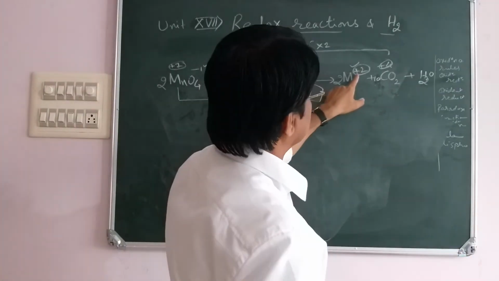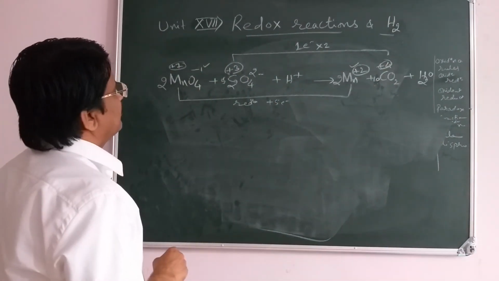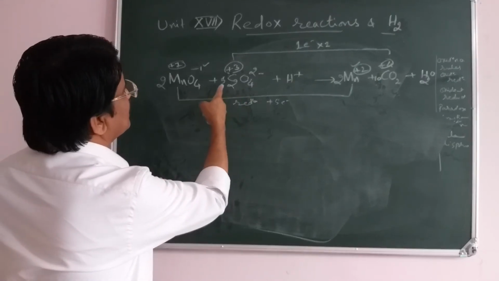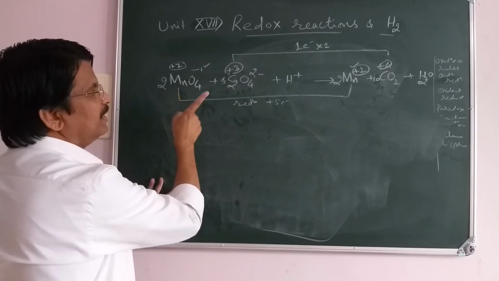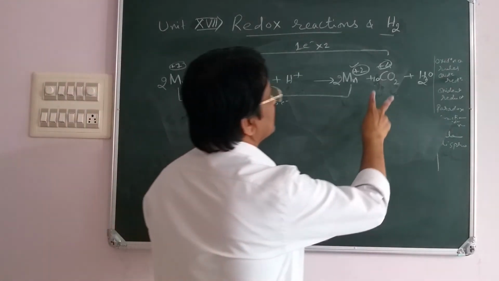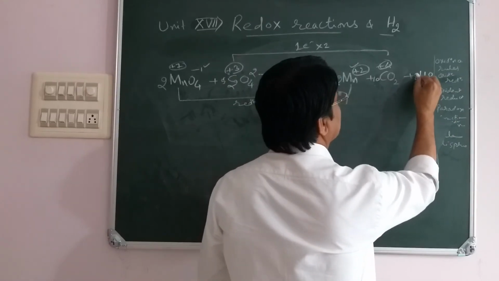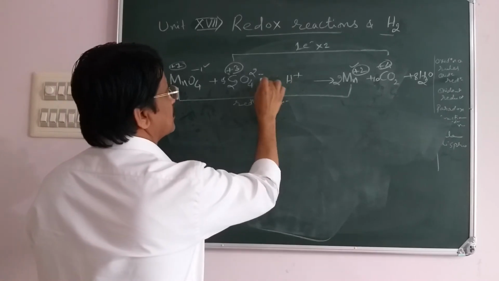Oxidation number and charge. Here oxidation number. Okay. Now the number of oxygens: 5 4s are 20, 2 4s are 8, 28 O. 10 into 2, 20, plus 8 is 28. 16 H plus.